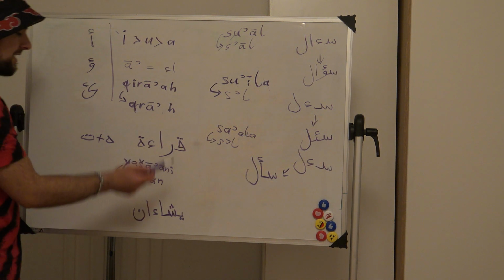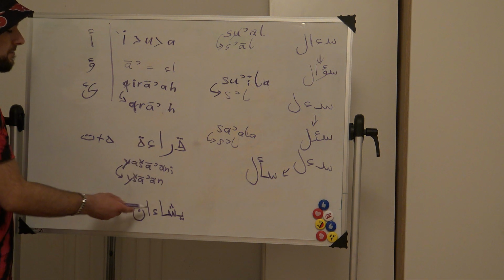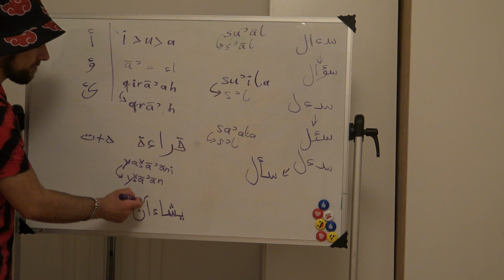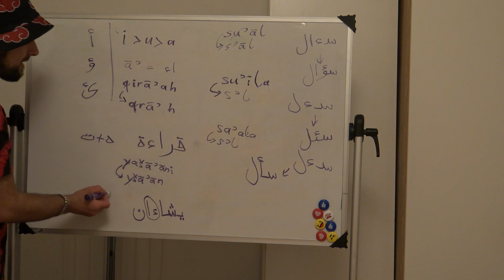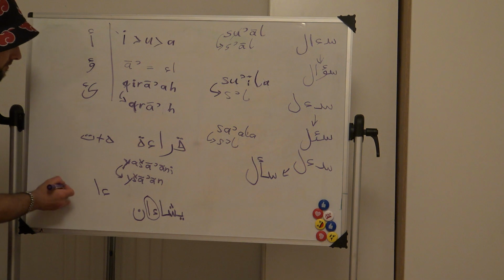You know, the rule says after a long A, the Hamza will sit on the line. But here we could also interpret it in another way. We could say, what is a Hamza, and after it a long A? I mean like this.